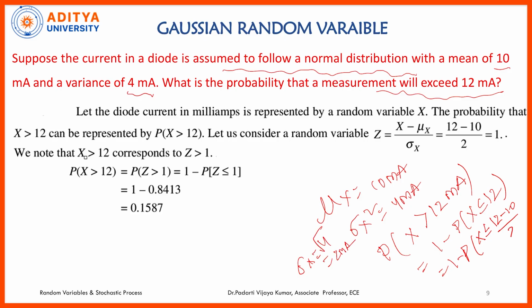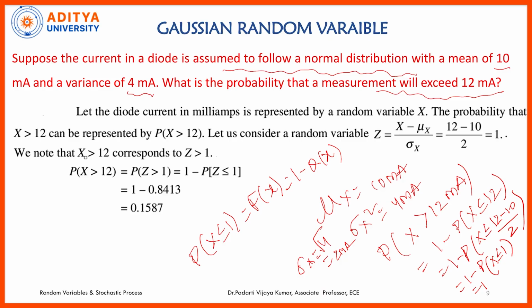So the probability of x less than or equal to 1. We know that the probability of x less than or equal to 1 is the distribution function, which is equal to 1 minus Q of x. So this is equal to Q of 1.